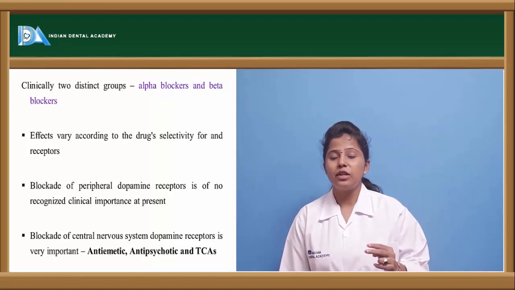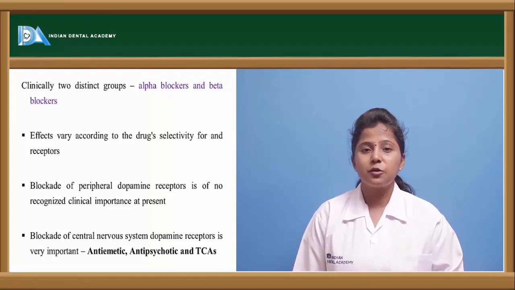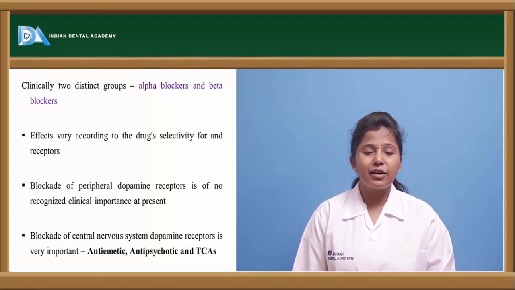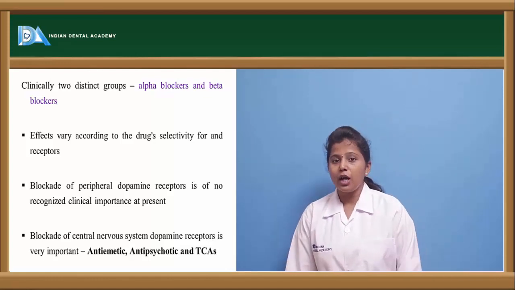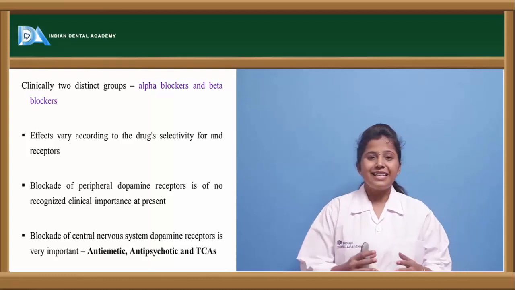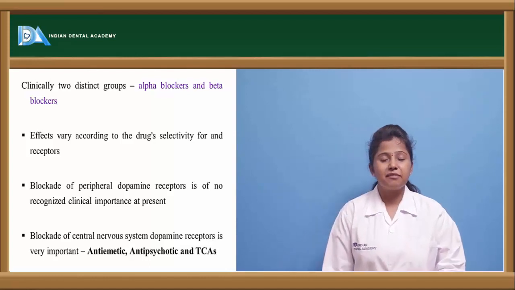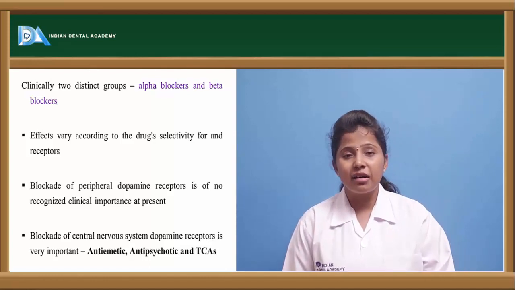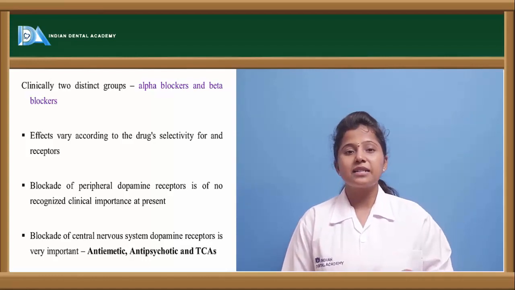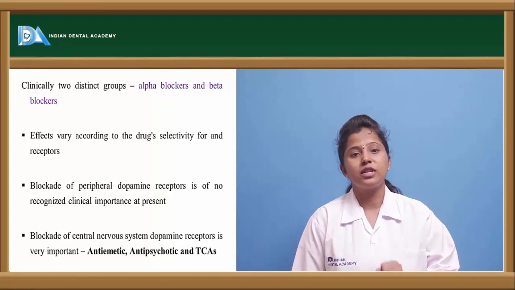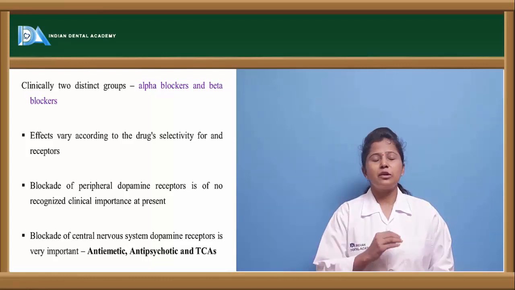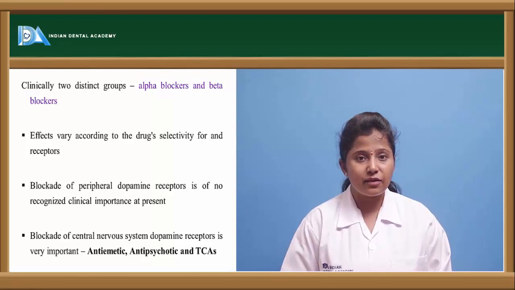So clinically only two categories are important, that is alpha as well as beta adrenergic blockers. The sympatholytic effects differ based on the drug which is binding to the receptors, or we can say the drug selectivity towards the receptors. If a drug is binding to alpha receptors, it is an alpha antagonist.